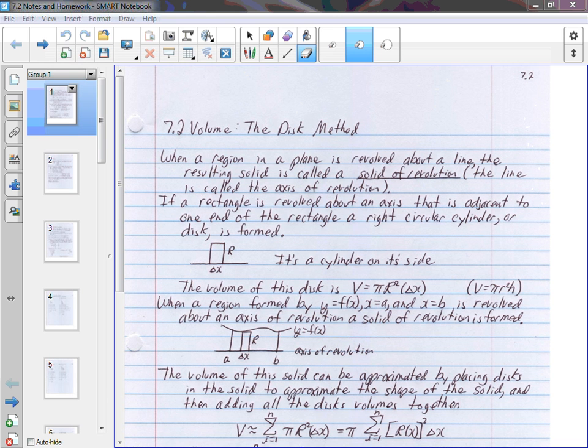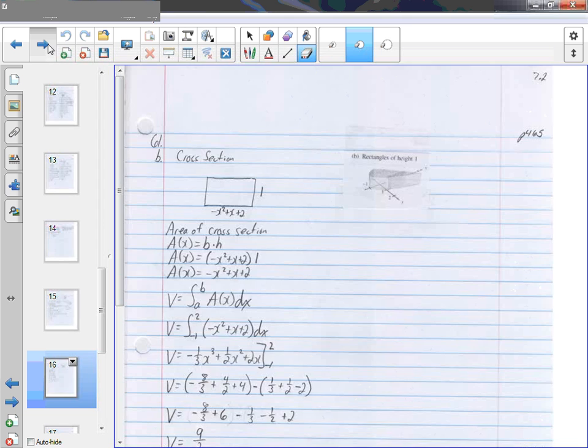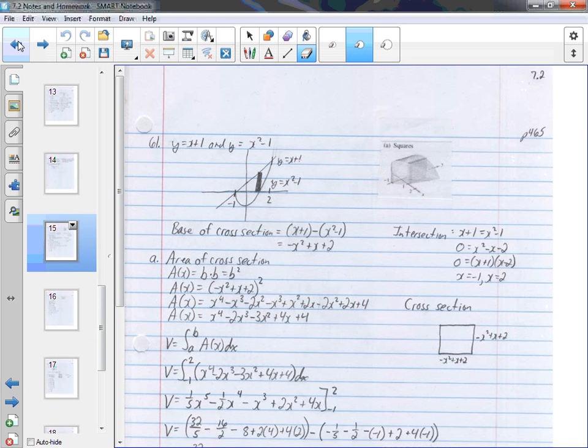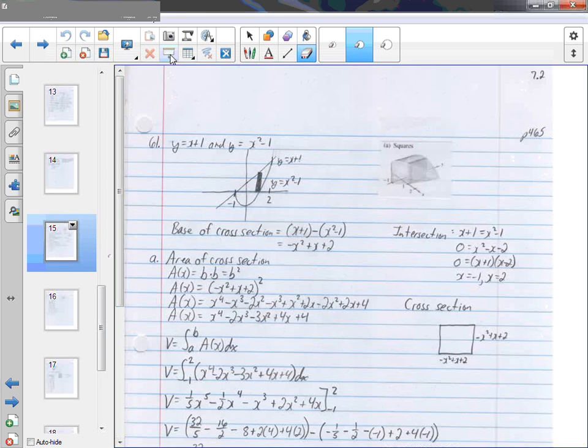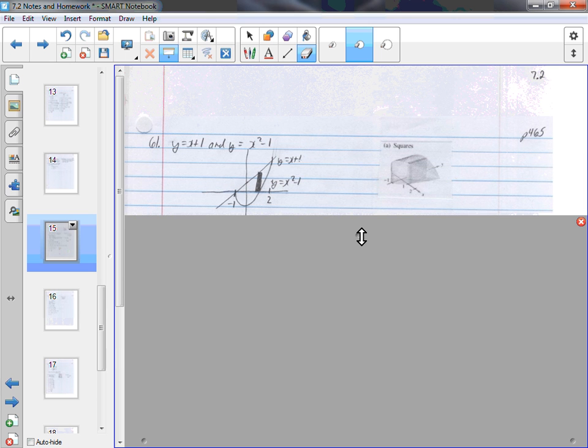Let's do part of number 61. It says find the volume of the solid whose base is bounded by the graphs of y equals x plus 1, that's a line, and y equals x squared minus 1, that's a parabola, with the indicated cross sections taken perpendicular to the x-axis.